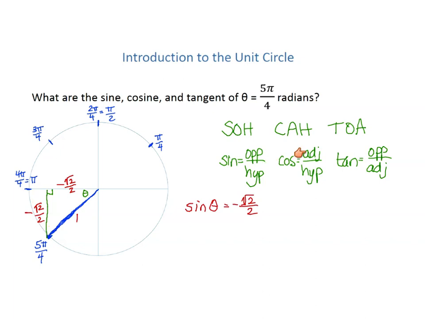All right, cosine is adjacent over hypotenuse. So the cosine of this angle is going to be the adjacent side, which is right here, over the hypotenuse. So my cosine is also going to be negative root 2 over 2.